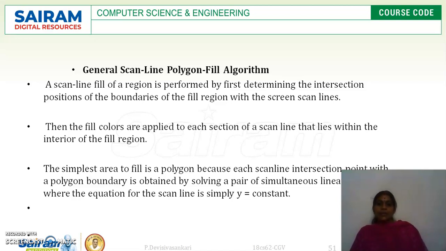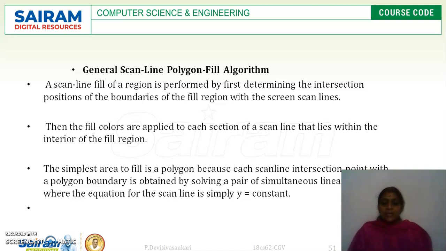For example, if you are starting from here to here, first of all we have to identify the positions of the boundaries, right? Then the next step is we have to fill the colors at the particular points. Suppose I am drawing a hexagon, otherwise if my object is a star, then I have to find out which color to fill and what is the interior part of the particular polygon region, right?